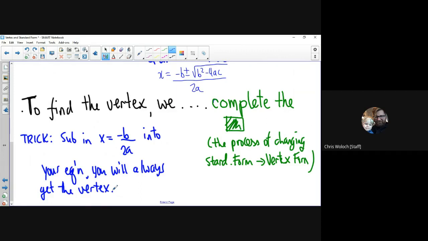If you just want to quickly get a vertex, like the coordinate, then we can just sub in that value, and it saves us a little bit more time. All right. So let's look at an example.